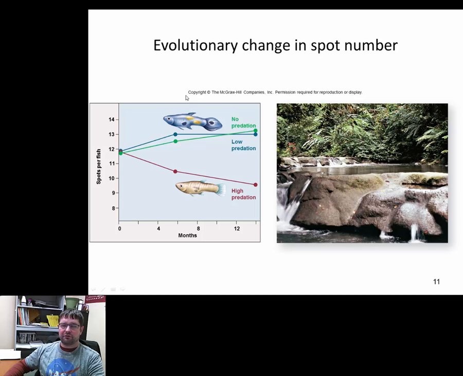You see those colorful individuals with bright spots, etc. where there is no predation or low predation risk, and where there's high predation risk, it just drastically decreases, and you get these female lookalikes. And so you can see that over a very short period of time, you can get evolutionary change in the population where there are no brightly colored individuals left in high predation populations.